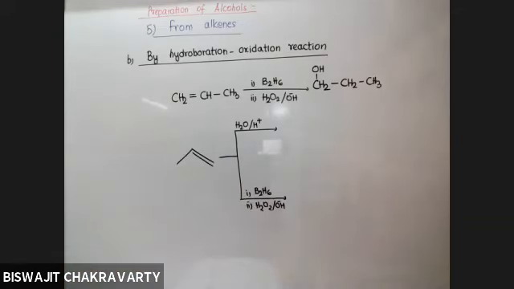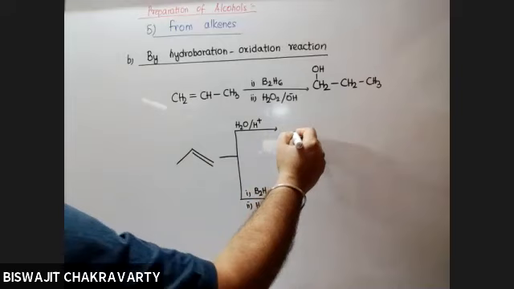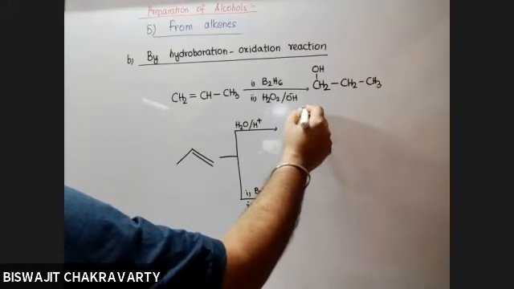Markovnikov or anti-Markovnikov? Markovnikov. So accordingly, the OH will come at the middle carbon.